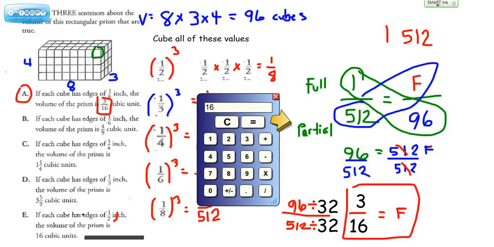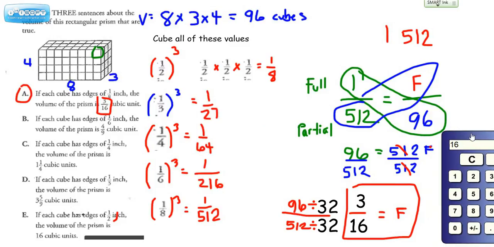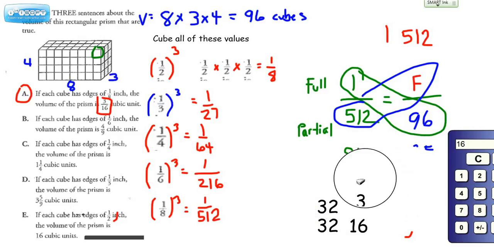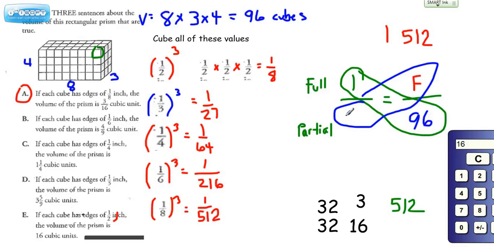All right, now when we're ready to explore the second one that we're going to pick, let's erase all this and all of this. Now the second one, they're talking about 1/6. So let's look at our value here. That means instead of putting 1 over 512, we're going to put 1 over 216.